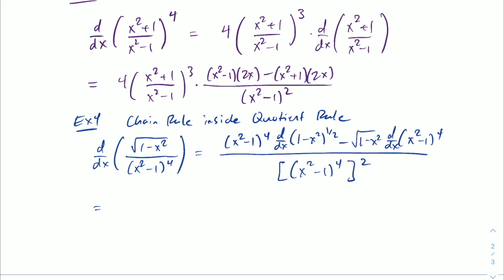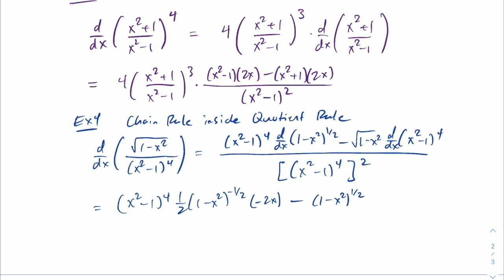So I'll get x squared minus 1 to the 4th power times 1/2 1 minus x squared to the negative 1/2, derivative of the outside of that part, and then times the derivative of 1 minus x squared, which is negative 2x, and then minus the square root of 1 minus x squared. I think I'll write this as 1 minus x squared to the 1/2, just to be consistent.